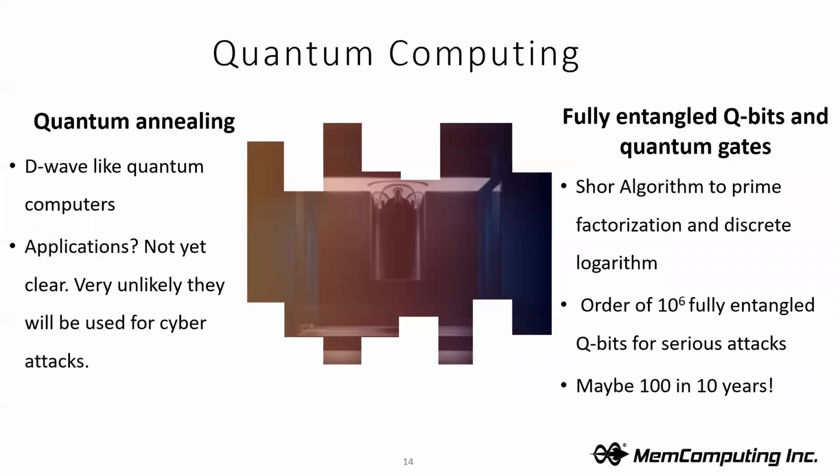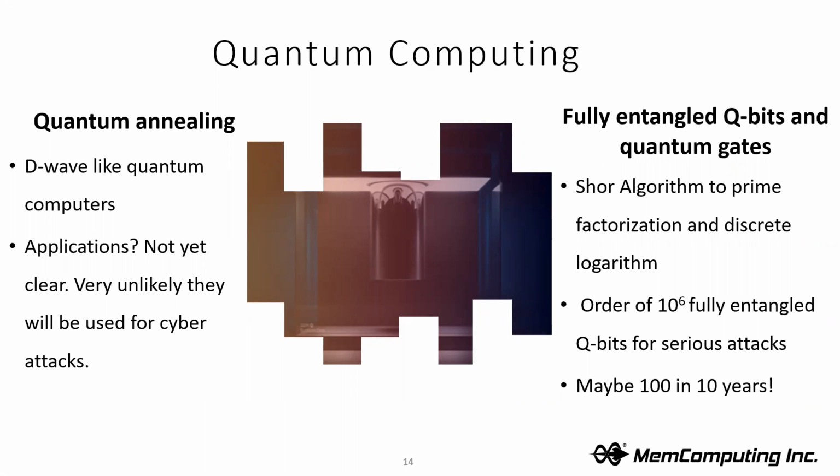This kind of quantum computer, also called a universal quantum computer, is what you can use to implement Shor's algorithm. On the IBM quantum computer you can do that, but unfortunately today you have just something like 10 fully entangled qubits at your disposal.